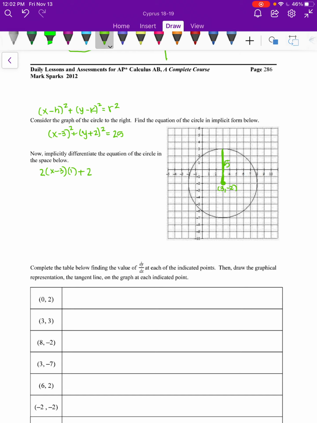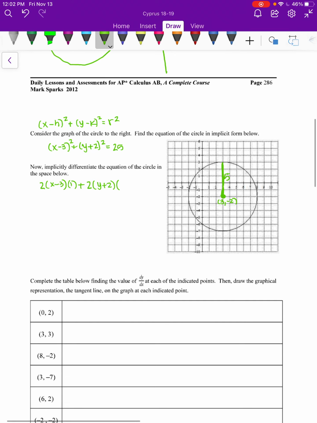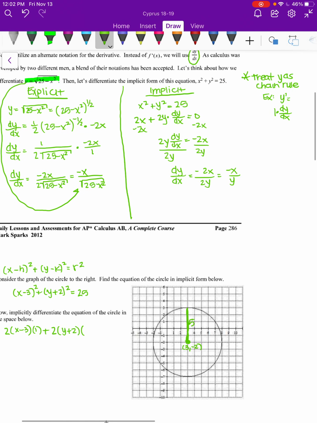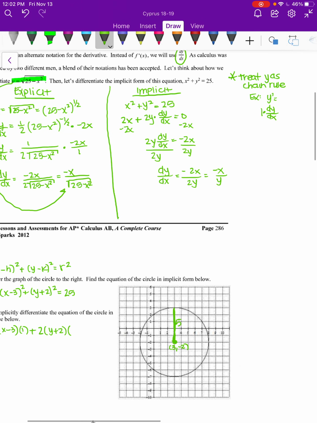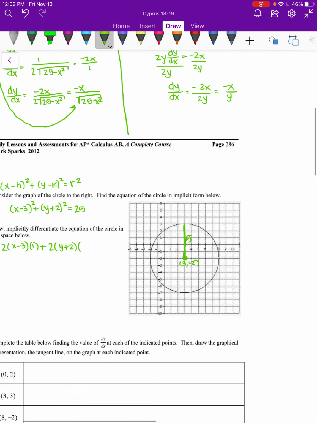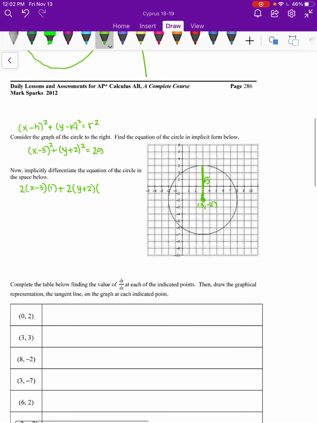So the 2 comes out front, the inside stays the same, and then I multiply by the derivative of the inside. And just like that example I showed you up here on the side, y prime is equal to 1 times dy/dx. That's the derivative of the inside here, and then equals, the derivative of 25 is 0.